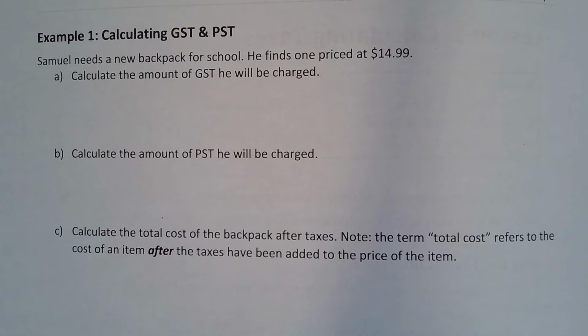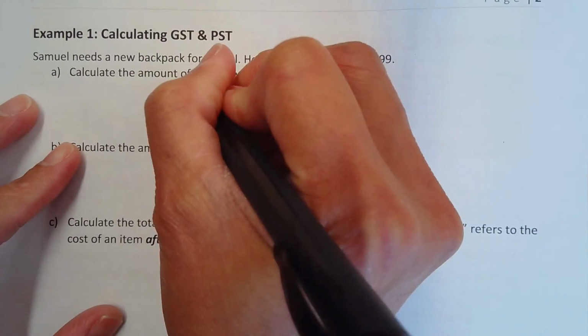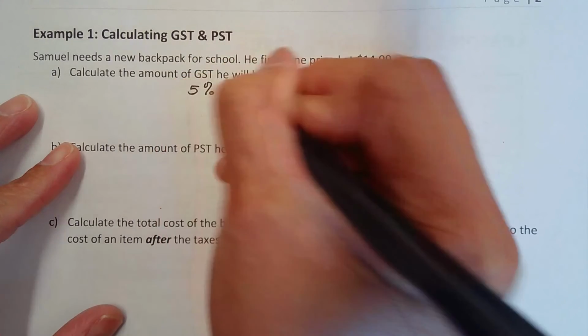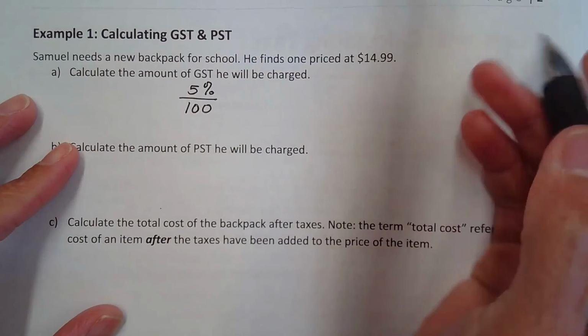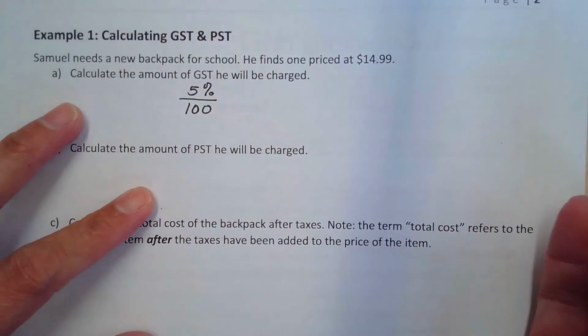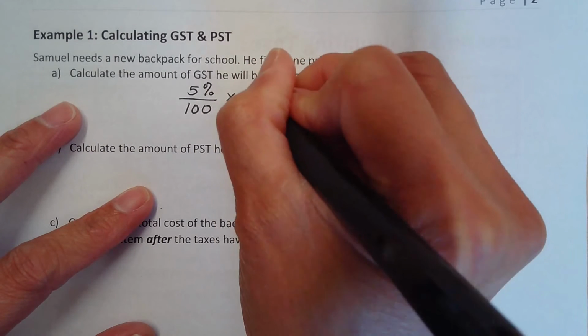Reading this, it says calculate the amount of GST. Well, what do we know about GST? GST is 5%. So 5% divided by 100, times $14.99.